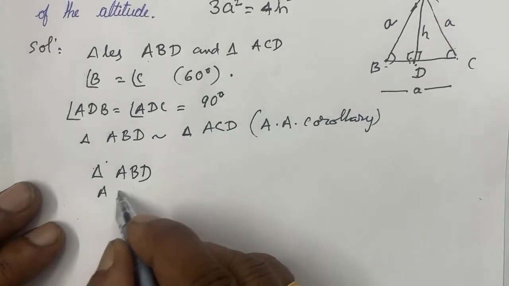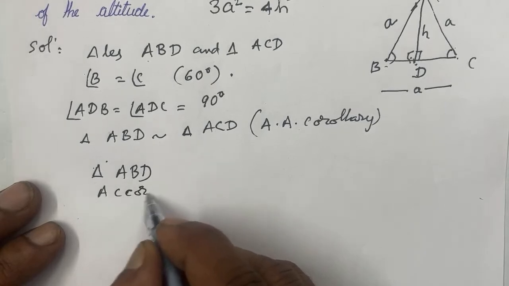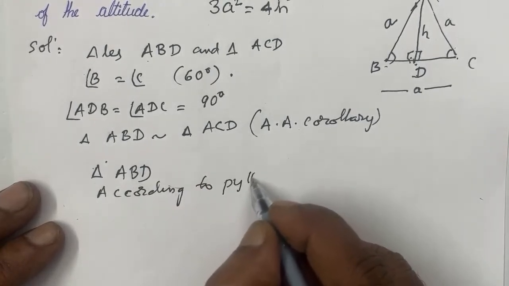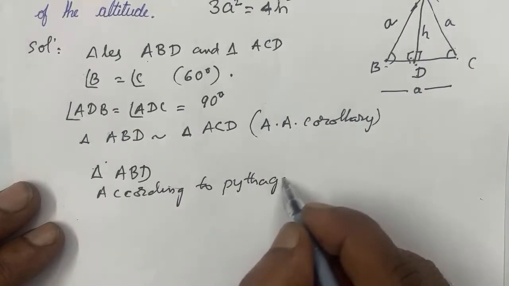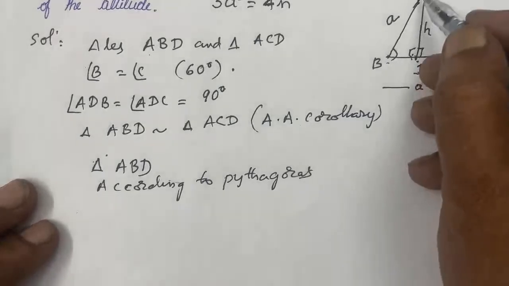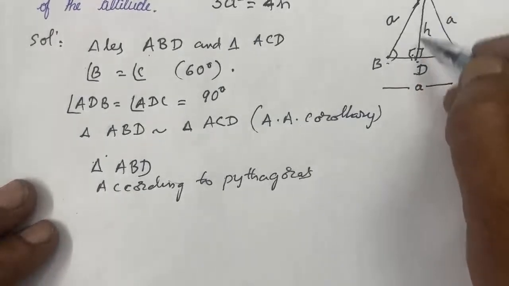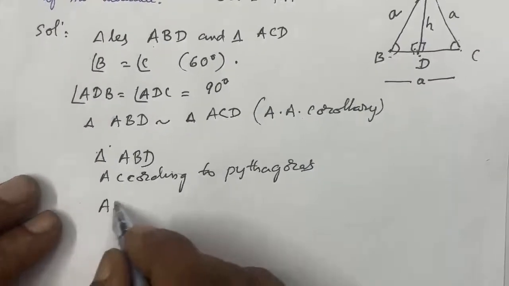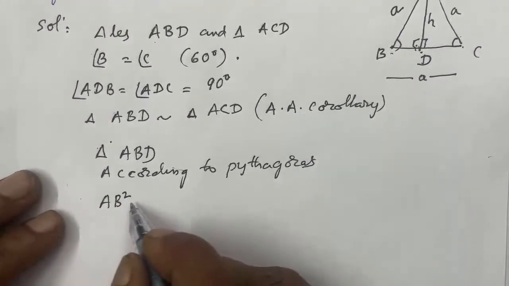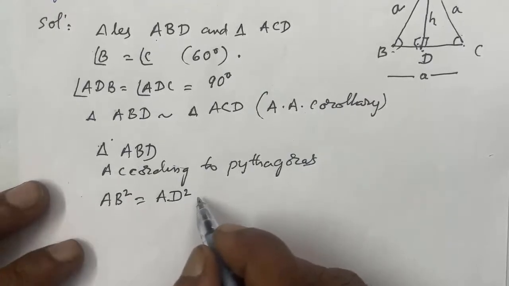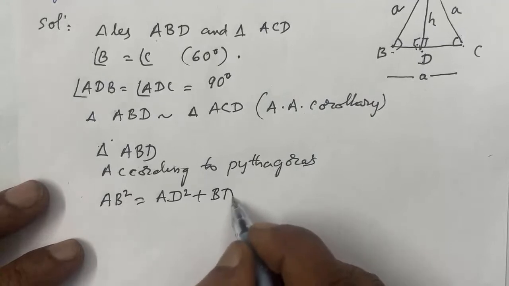According to Pythagoras, here this is the hypotenuse, this is the opposite, this is the base for ABD. So according to Pythagoras, AB square is equal to AD square plus BD square.